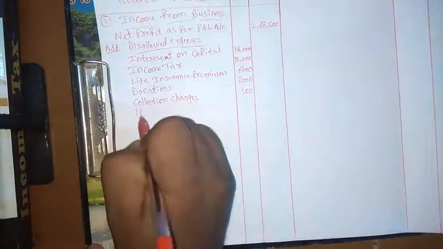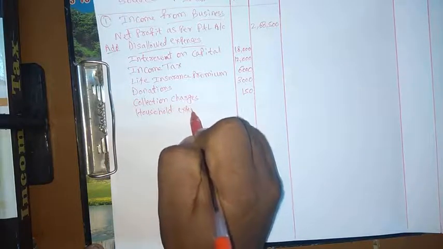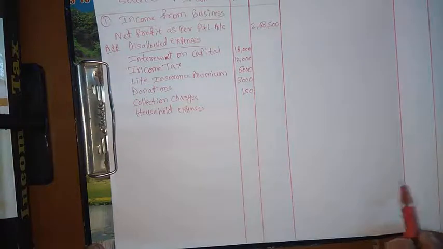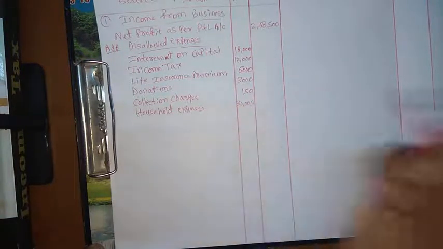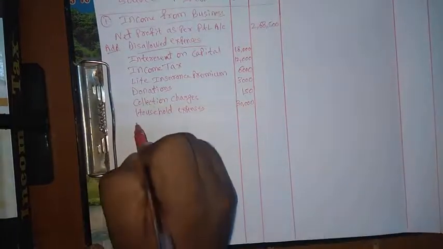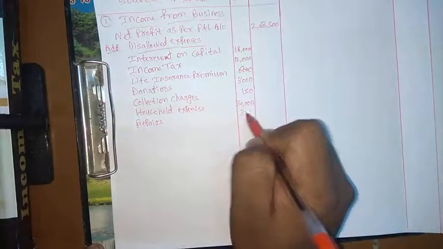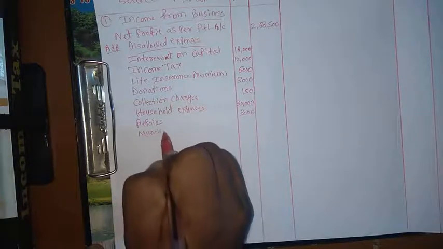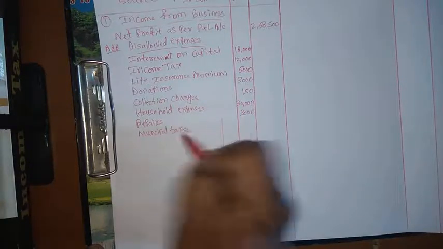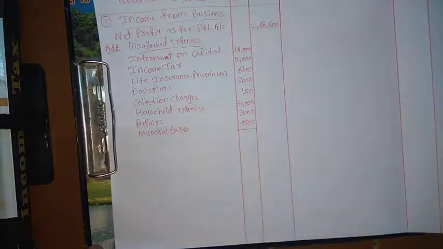Then household expenses, that is 30,000 rupees. Then repairs, 3,000 rupees. Municipal taxes, it is 4,500 rupees. So all these expenses are disallowed in this problem.